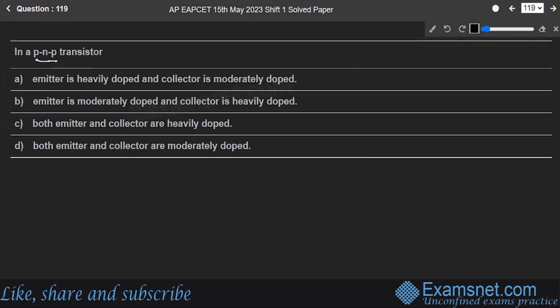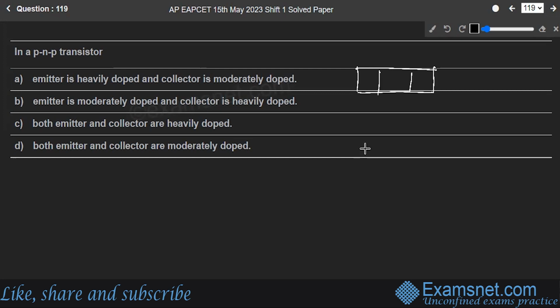In a PNP transistor, emitter is heavily doped and collector is moderately doped. Emitter is moderately doped and the collector is heavily doped. Both emitter and collector are heavily doped. Both emitter and collector are moderately doped. See over here, I'll make a PNP transistor.